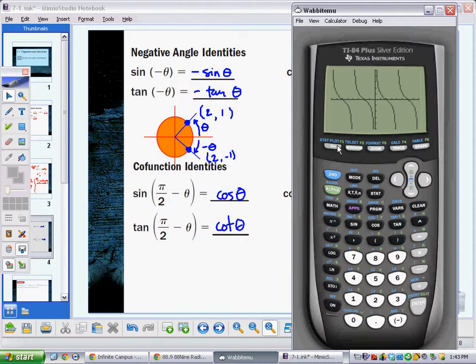Now if I graph the cotangent function, so I'm going to go back here and I'm going to type in 1 over the tangent of x. Since I don't have a cotangent function on my calculator, I have to do 1 divided by the tangent of x. And I'm going to turn that graph on and graph it with a thicker line. We will see it overlay my original graph. There it goes.